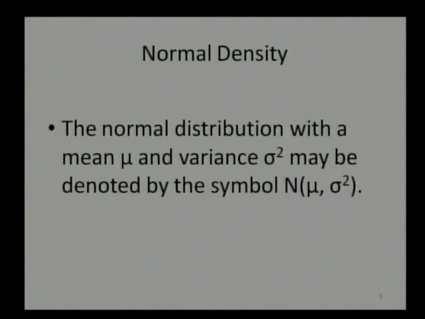The normal distribution with mean mu and variance sigma square may also be denoted by the symbol N for normal, with mean mu and sigma square as the variance.